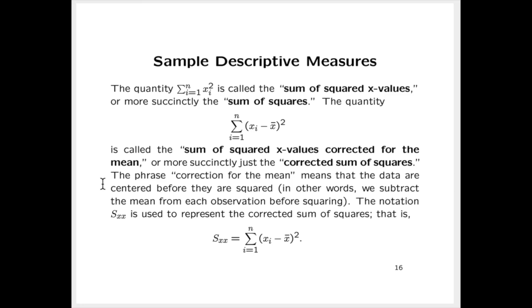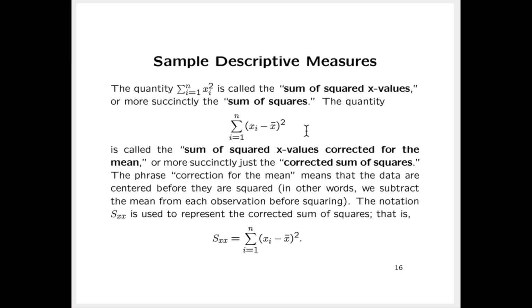Now, this term correction for the mean means that the data are centered before they're squared. By centering, we mean that we subtract the mean from each observation before squaring. It doesn't mean that we've made a mistake. We're not correcting a mistake. What this means is that we've subtracted off the sample mean. Another way that we could describe this, instead of using the word correction, is the word adjusted.